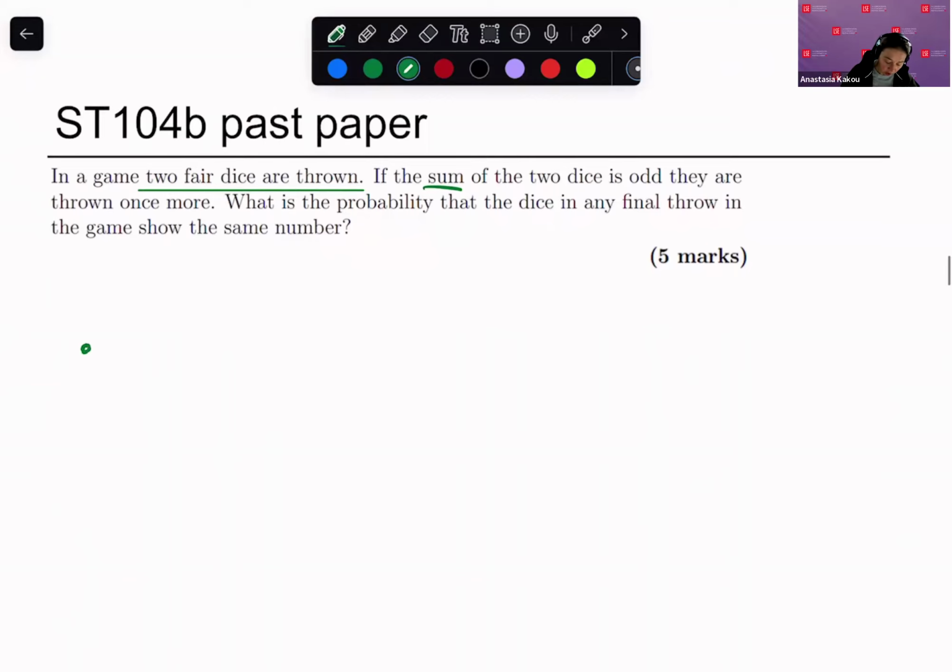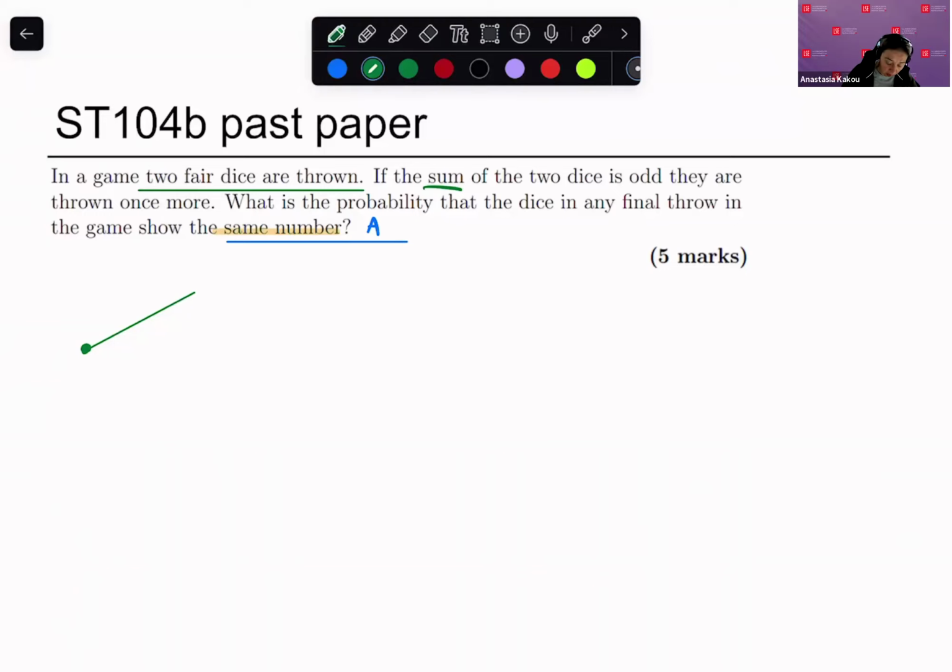Okay, so here we have a case of different outcomes, and drawing that decision tree is helpful. We're looking at the desired outcome that you have the same number. So you can define that as, let's say, A, that's your event, and you can just call it A to have a nice notation.